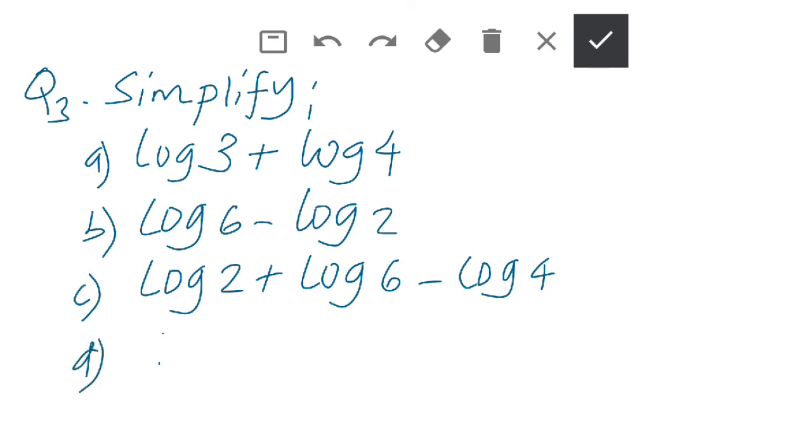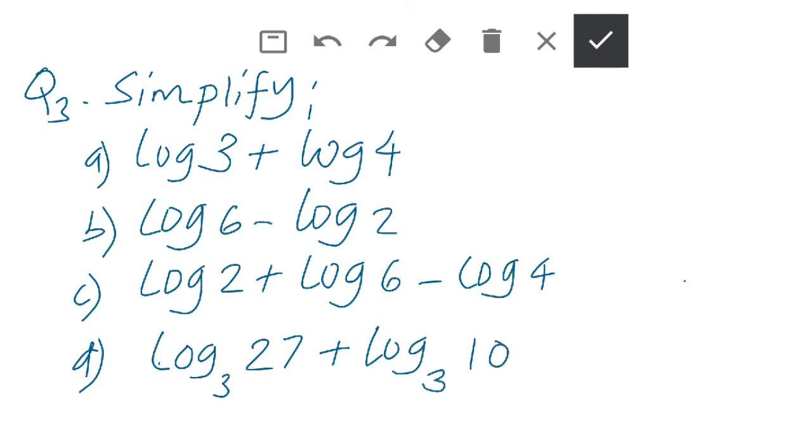D, log to base 3 of 27 plus log to base 3 of 10.